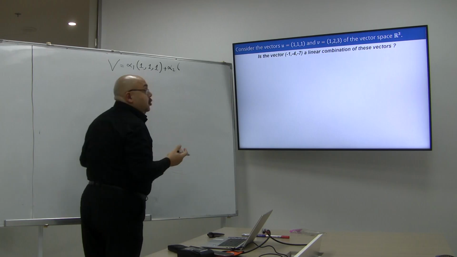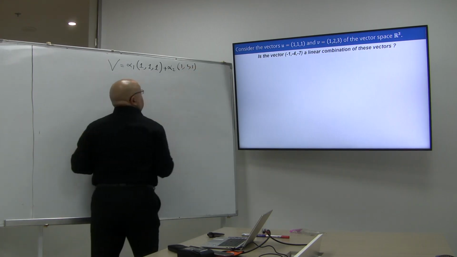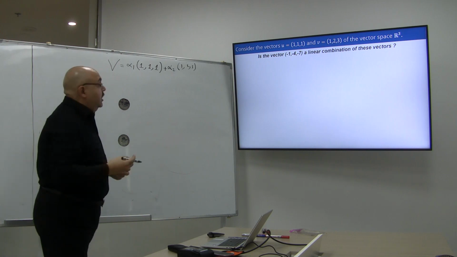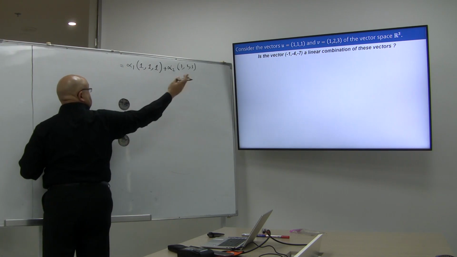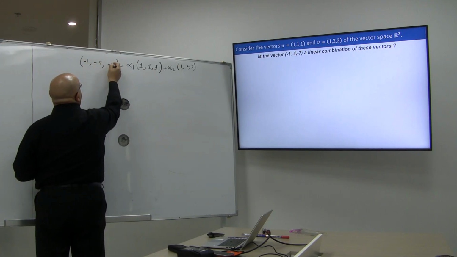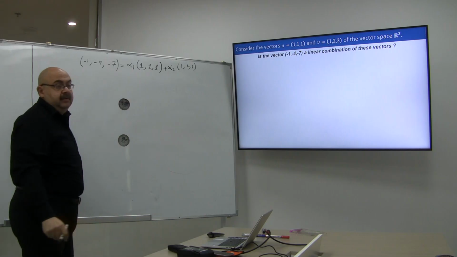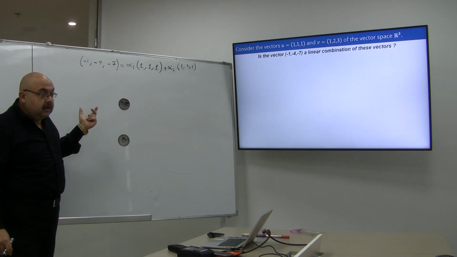We are discussing whether the vector is equal to (-1, -4, -7). Look at this formula. How many equations and how many unknowns?